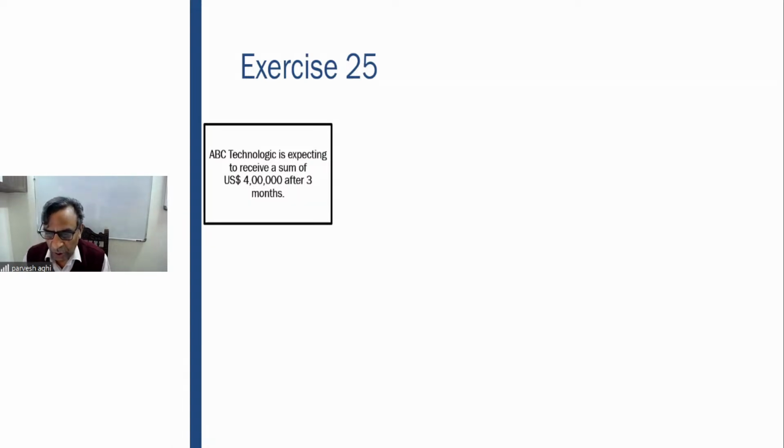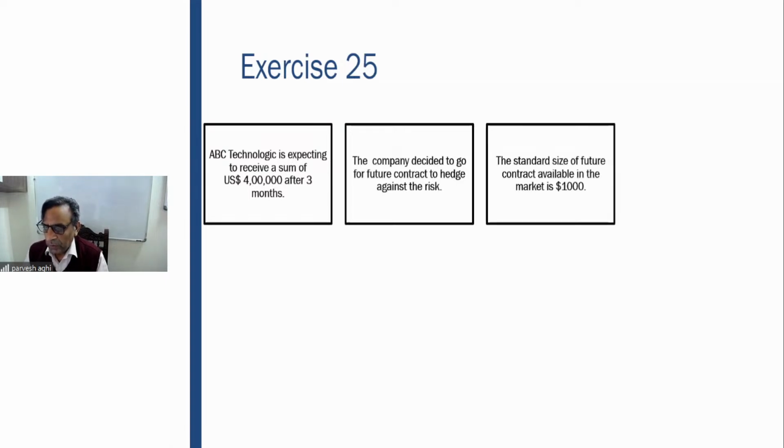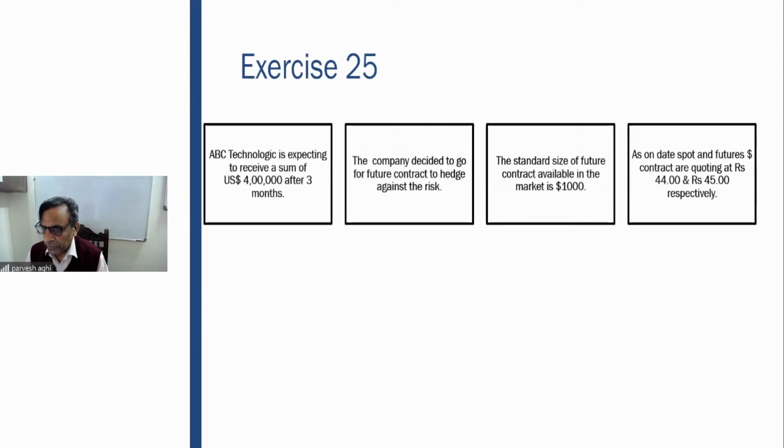So ABC Technologies is expecting to receive a sum of 4 lakh dollars after 3 months. So there's a company which is going to receive 4 lakhs after 3 months. The company has decided to go for a futures contract to hedge against the risks. This is a question which came in your CA study materials, one of your CA exams. The standardized size of the futures contract available in the market is 1,000.